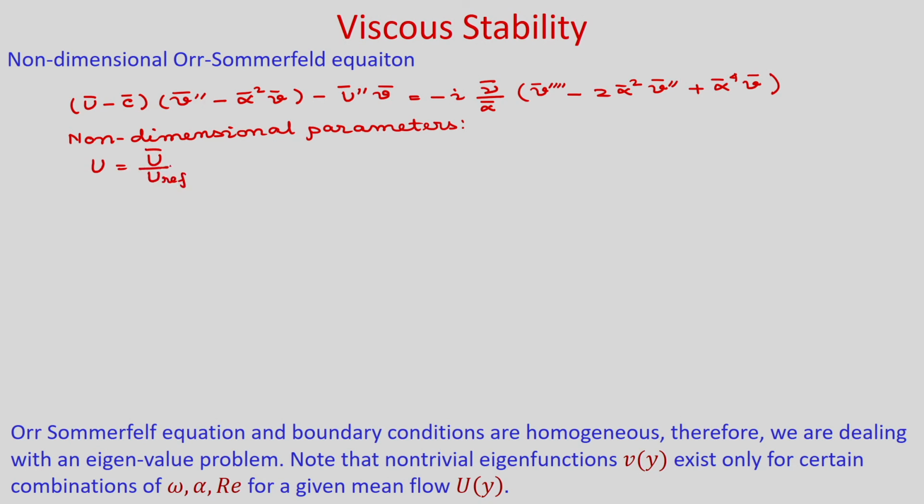So, if it is flow over a flat plate, we will use u infinity. v is equal to v bar by u reference, c is equal to c bar by u reference, and y we will denote as non-dimensional y, which is y bar, the dimensional y, divided by the displacement thickness delta star.